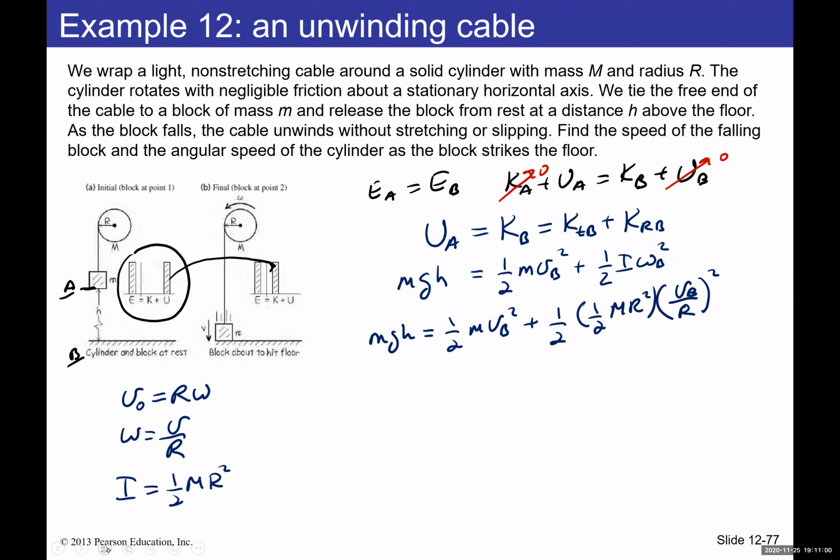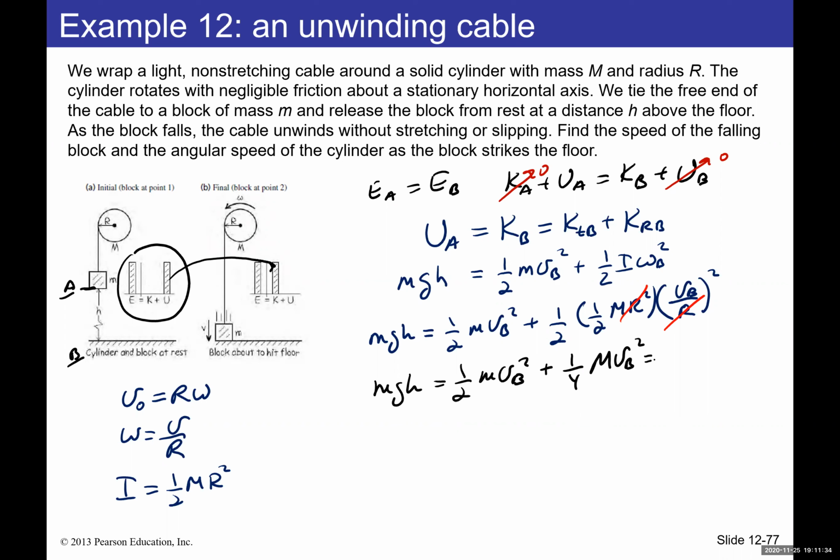So from here you can see that I can completely cancel the r because it's r squared here and r squared over there, and have mgh equals 1/2 m vb squared plus 1/4 big M vb squared. I'm saying that both the pulley and the block have the same linear velocity, because they do. I'm talking about the rim of the disk.